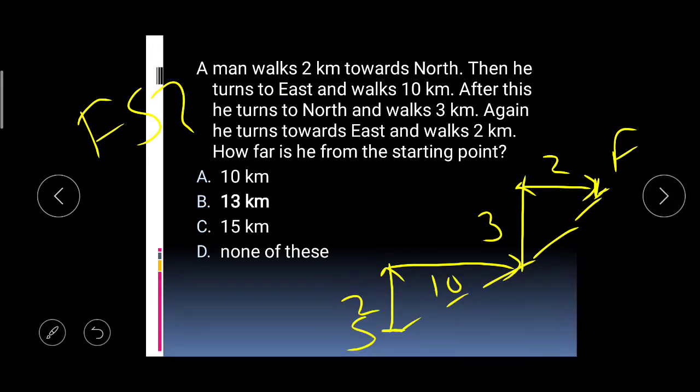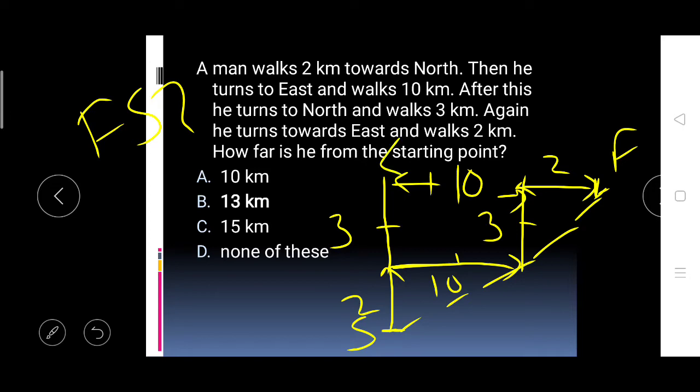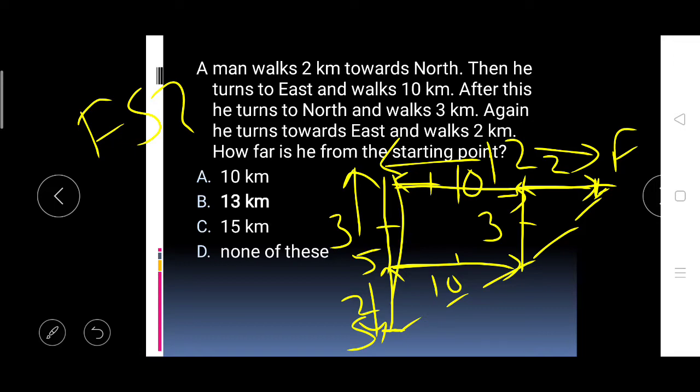Okay. So, let us see. If I extend this line here, this is 3, so this has to be 3, and this distance is 10, because this is 10 here, so this is also 10. So, the total of this distance is how much? 12, and the total of this distance is 5, right. By applying the Pythagoras theorem, if this is 12 and this is 5, then we can find the distance of the hypotenuse.